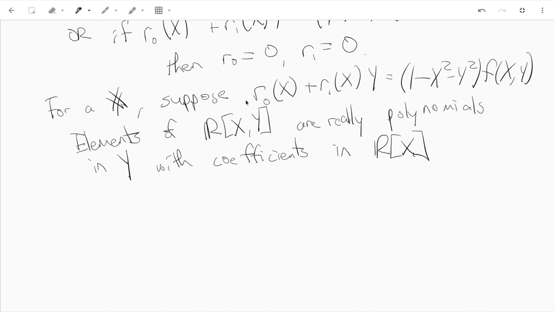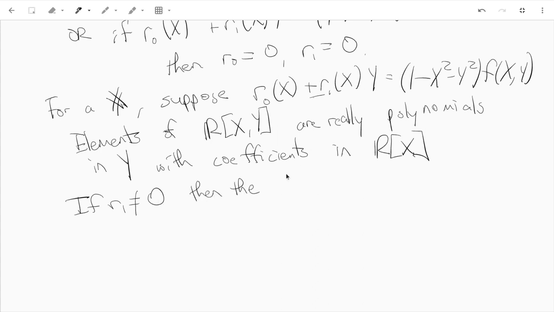So on this side, the y degree is 1 if r1 is non-zero. If r1 equals 0, then the y degree might be 0, or if this entire expression is 0, then the y degree is undefined. So if r1 is not equal to 0, what happens?